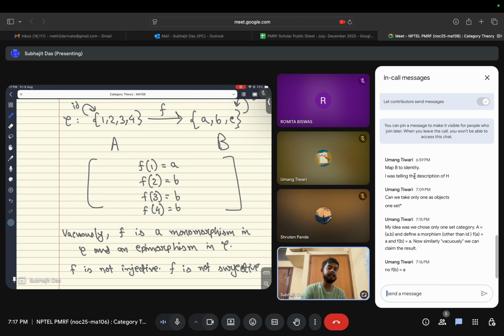A to A to A, and sorry, F(A) is A and F(B) is A. Okay, it's a constant map. So A goes to A, goes to A, B goes to A. Yeah, it's closed under composition. Yeah, it works. This also works.